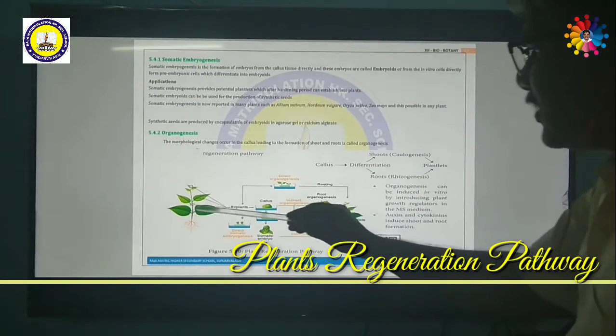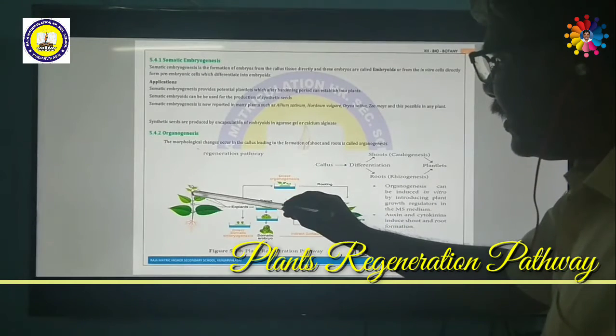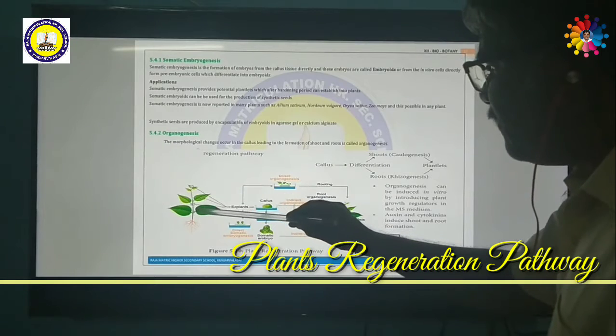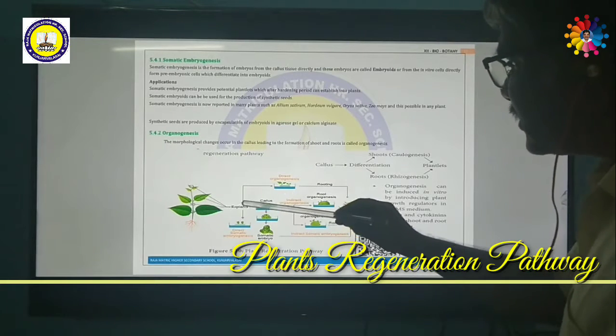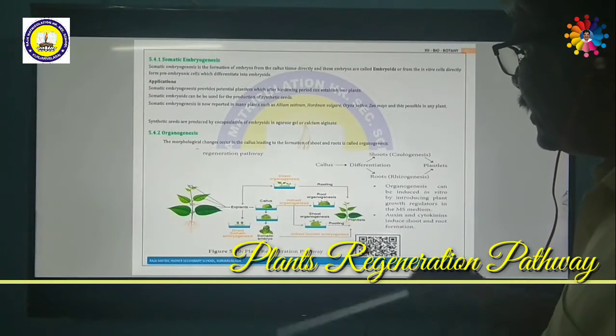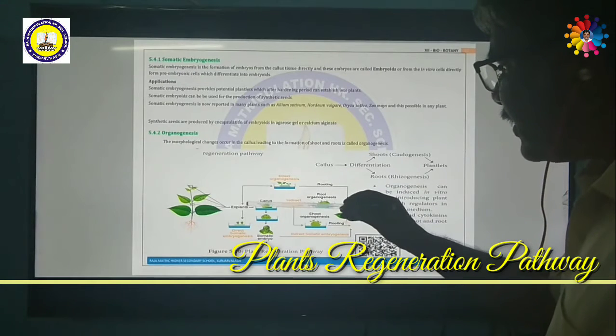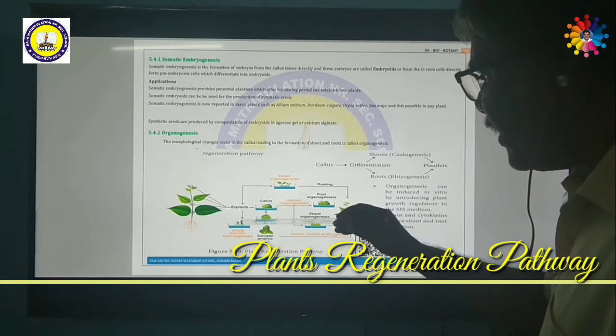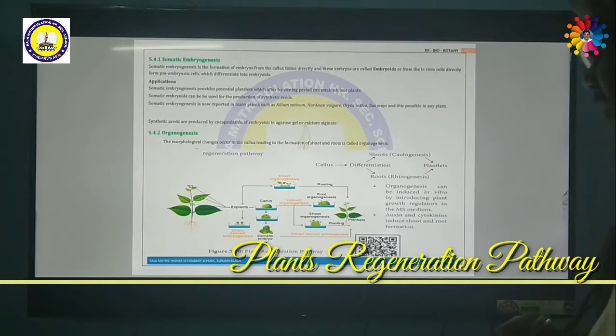See here, this is the plant. If you obtain a plant cell, this is called an explant. If this explant is cultured, it is called direct somatic embryogenesis.